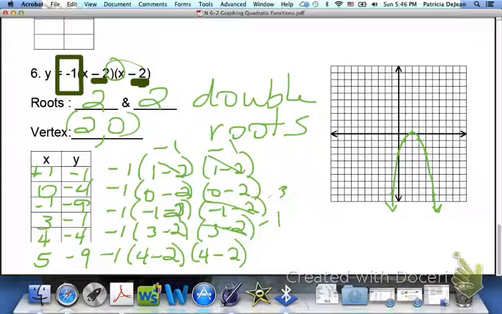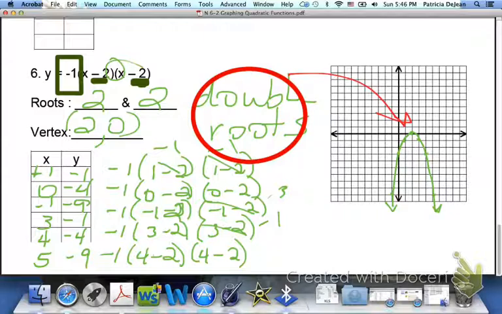But when you have a double root, when the roots are the same, that means that it's going to rest on the x-axis instead of just being above and crossing in 2 places. It'll just touch the x-axis in one place. All right, so that's the end of this lesson, and we'll go on to another.